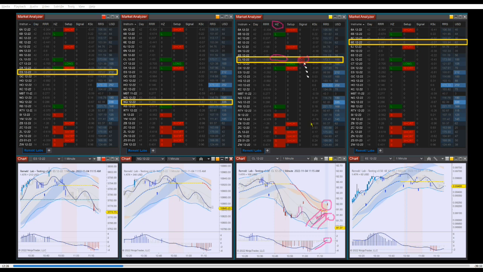But please note that on the chart, past signals do not disappear. In the market analyzer, they must disappear because time goes by. The market analyzer is always up to the second, up to the tick. But of course, the chart displays the historical events going back any number of days or any number of bars that you specify.